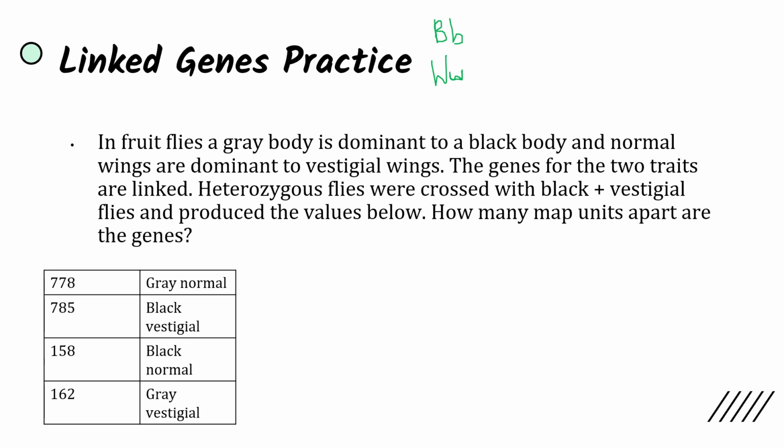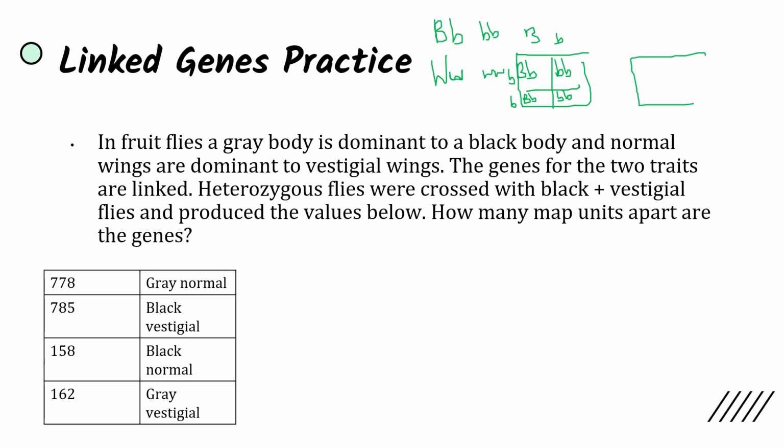And let's find the probability of the body and the wings, and then we'll multiply them to get our combined event probability. So for body, we have capital B, lowercase b, and then they were crossed, of course, with our homozygous recessive black and vestigial fly. So then it's going to be 50% heterozygous and 50% homozygous recessive.